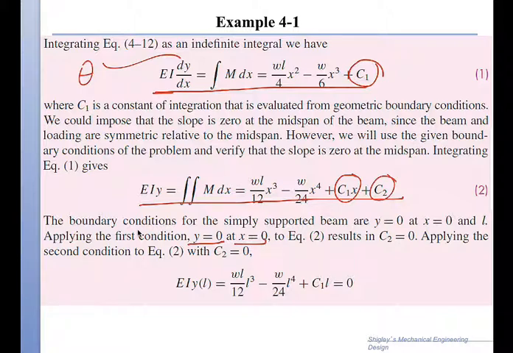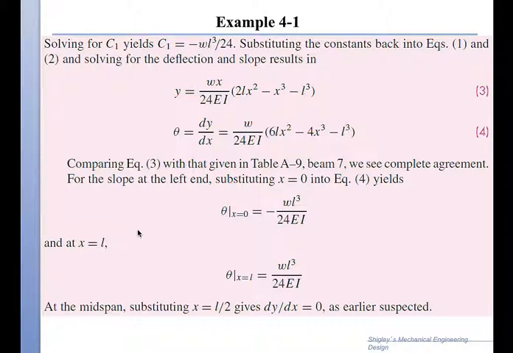That gives me C2 equals 0 directly, because when x is equal to 0, all three terms will be equal to 0. And then to get C1, I just apply the second condition that the deflection at x equals L is also 0, and that gives me the value of C1.